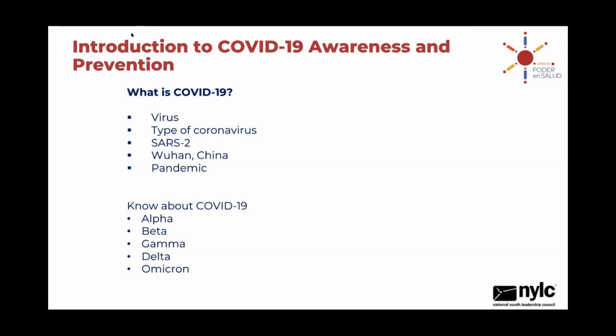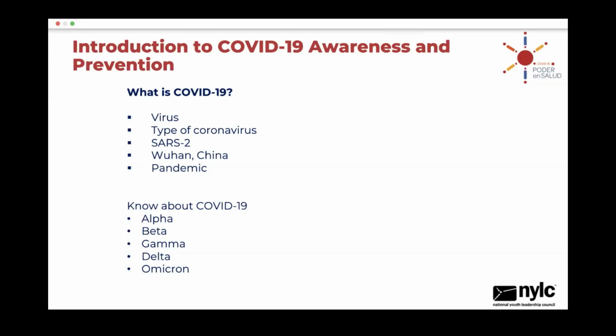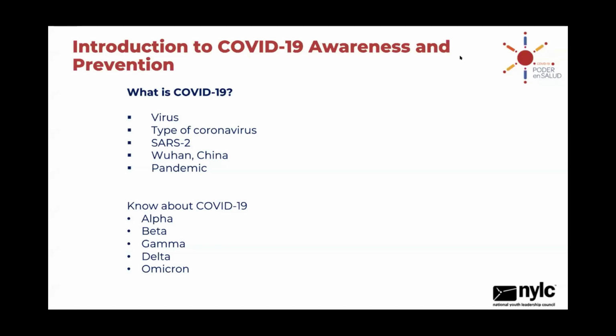As we know, COVID-19 isn't the only type of coronavirus that has existed. There have been various types of coronaviruses that have developed throughout the years, but COVID-19 specifically is a SARS-2 coronavirus that originated from Wuhan, China.